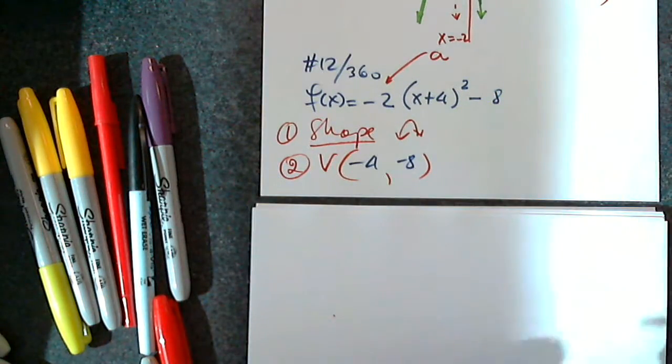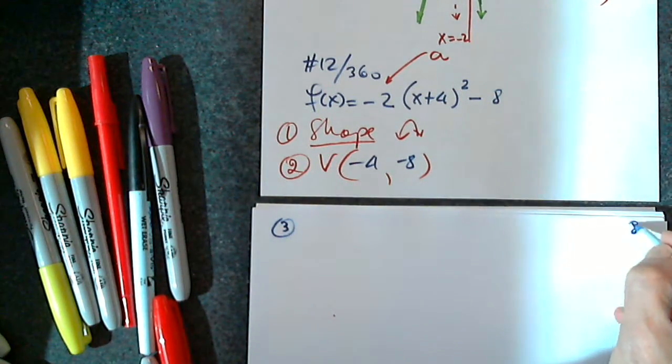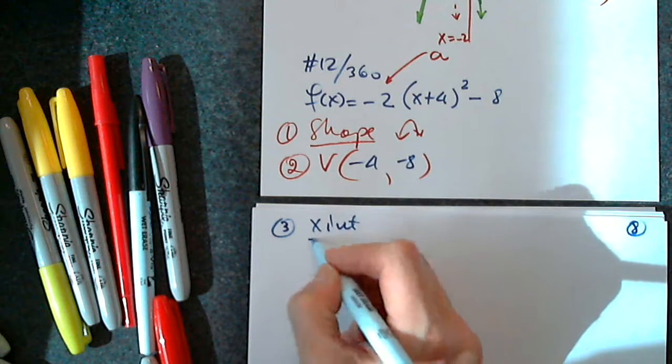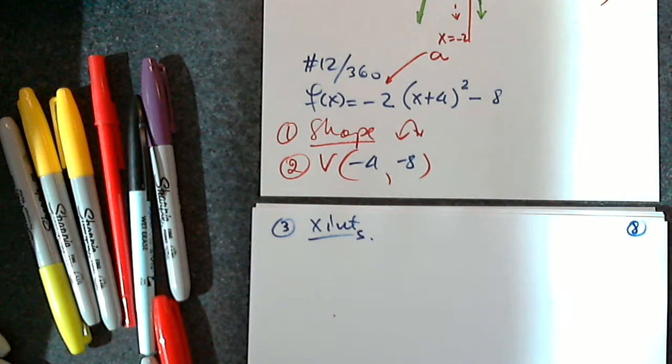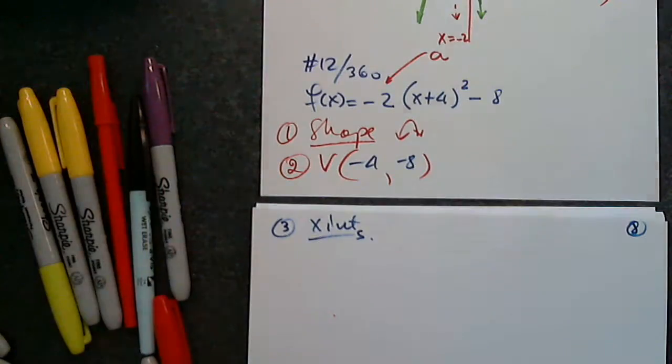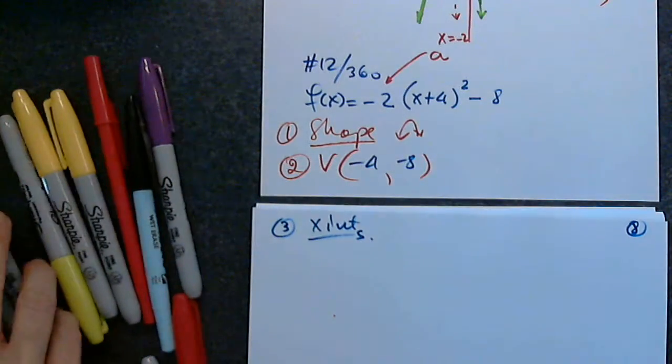Now, in number 3, x-intercepts, if they exist. Let's picture the graph, because we don't want to waste our time. If they don't exist, we move on. So what do you think? Do they exist? They don't exist. Why?